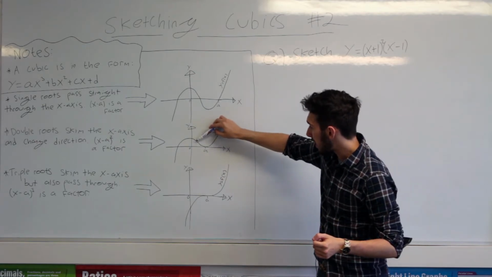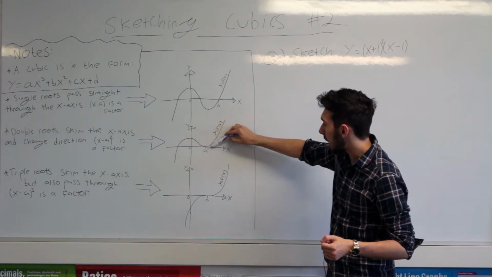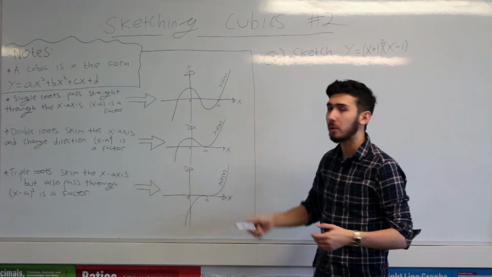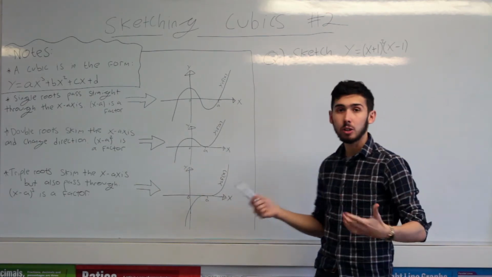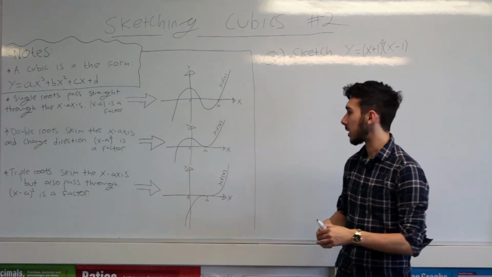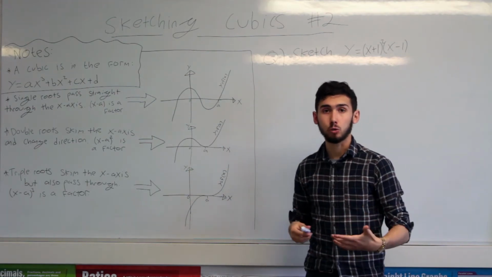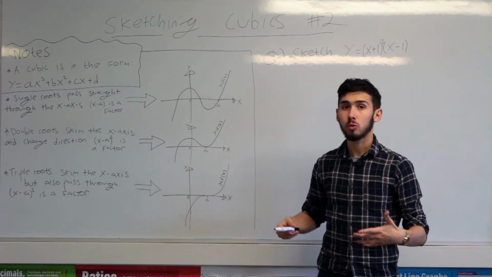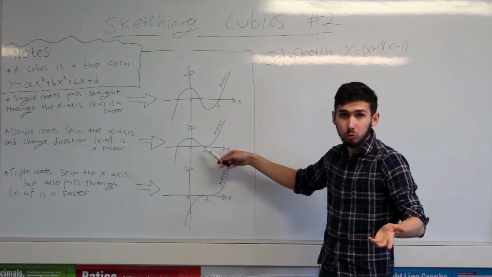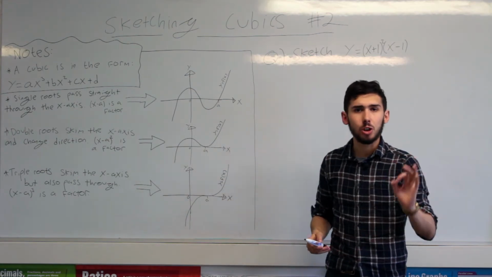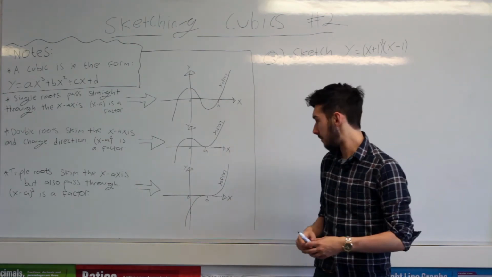So this one was coming down, it's turning around, it's coming back up again. It's not going to go through. And you might actually recognize this pattern from quadratics when we talked about things like the discriminant. If there's one root, a quadratic does something very similar to this. It just skims it. So there's an overlap there.